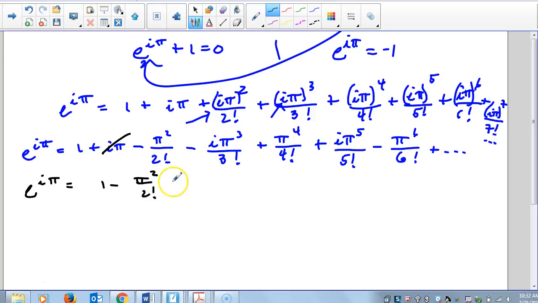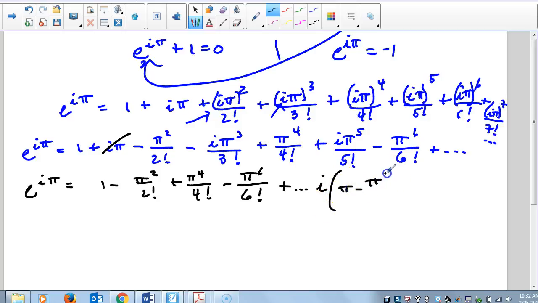I'm going to pick all the even ones: plus pi to the 4th over 4 factorial, and then minus pi to the 6th over 6 factorial, plus, blah, blah, blah. And for the odd ones, I'm going to pull out the i. So I'm going to get pi minus pi to the 3rd over 3 factorial plus pi to the 5th over 5 factorial plus, keep on going with that one.